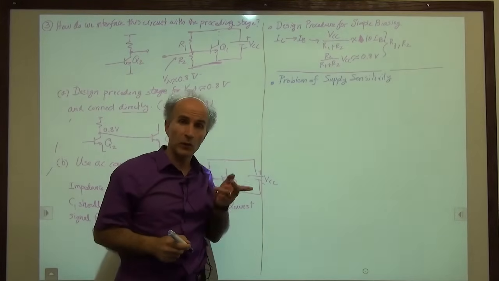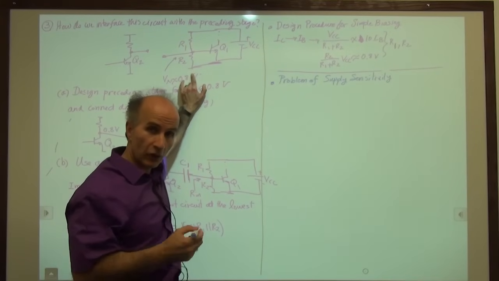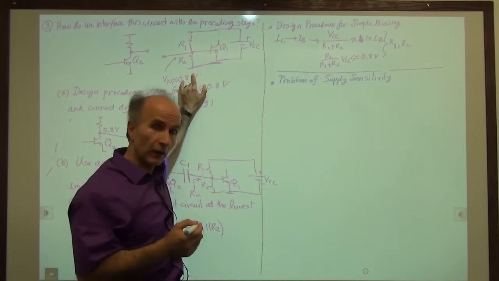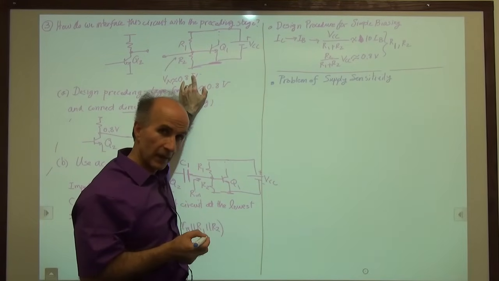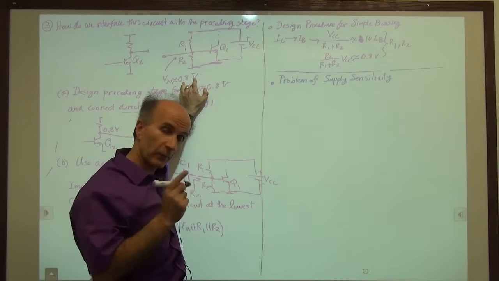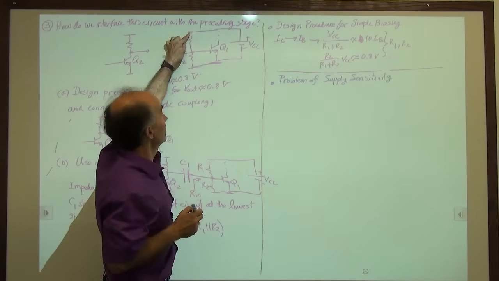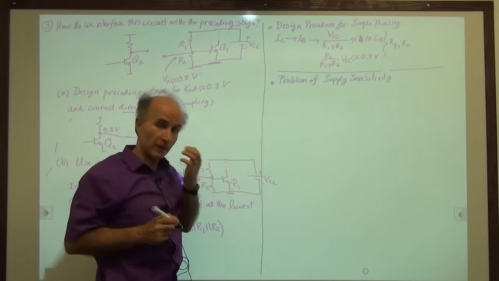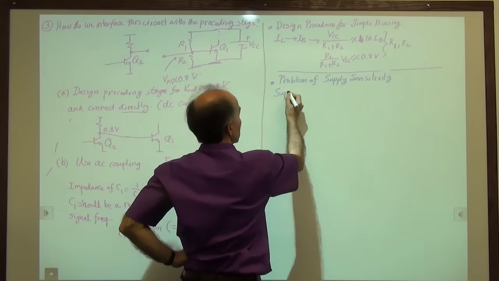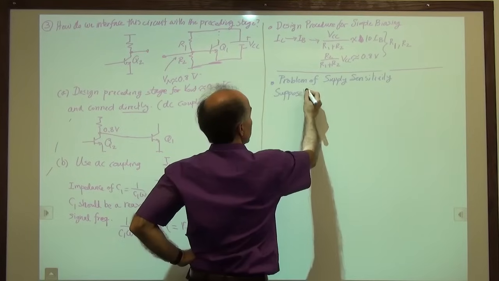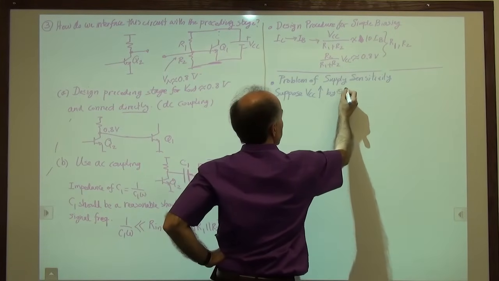So remember that we chose the current through these two resistors to be much higher than the base current to avoid sensitivity to the beta of the device. But there's another sensitivity that we have not resolved, and that is the sensitivity to VCC. So here's a simple example. Suppose VCC goes up by 5%.